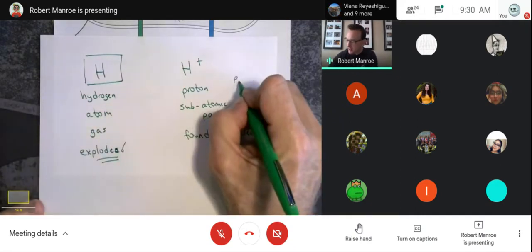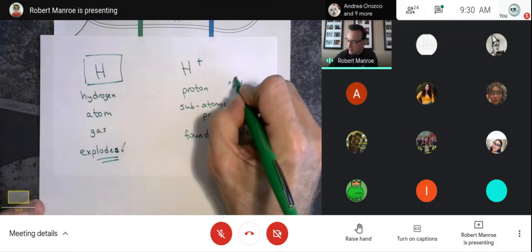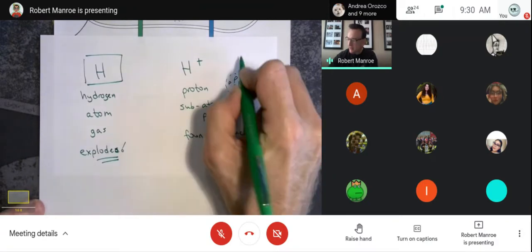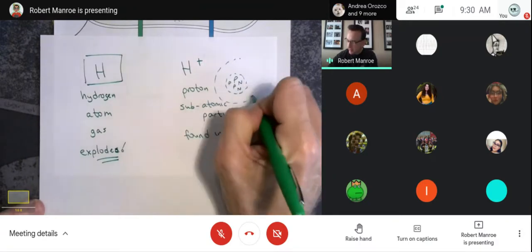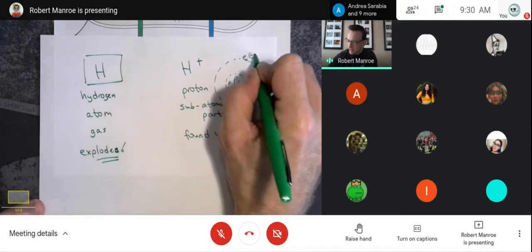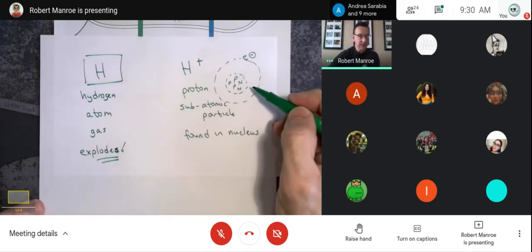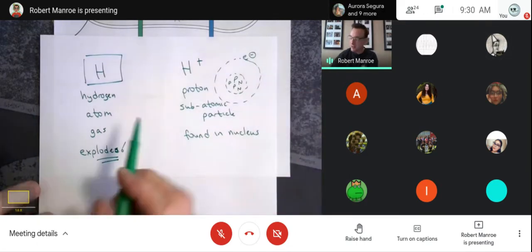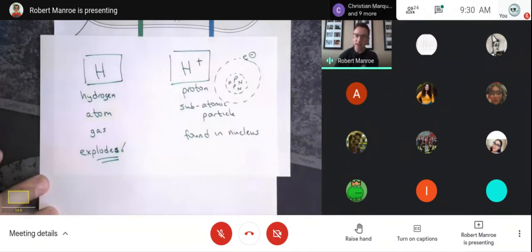You have protons and neutrons in the nucleus of an atom, and then orbiting around the nucleus are the electrons. Does that make sense in chemistry? Comfortable there? So there's a big difference between H and H plus. For students, it's a minor little change, and chemically, a huge difference.